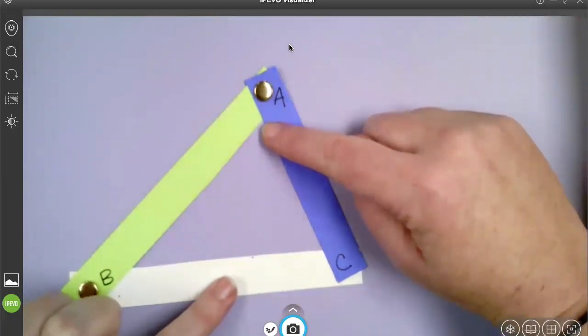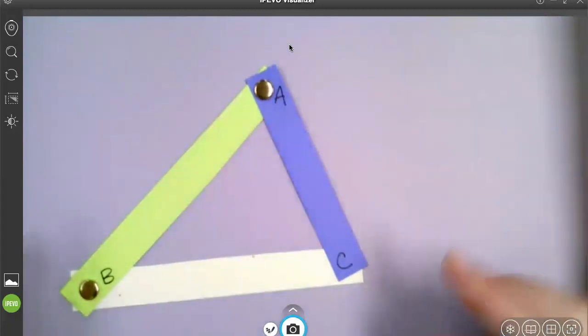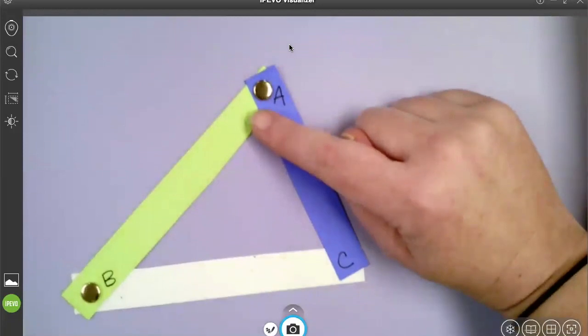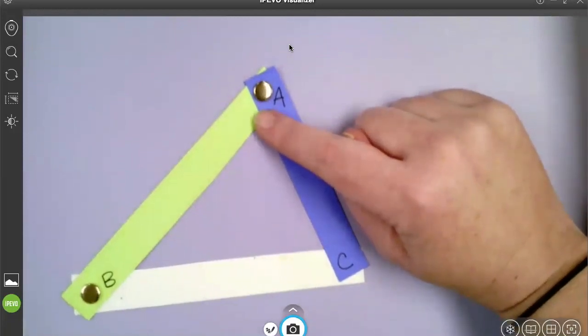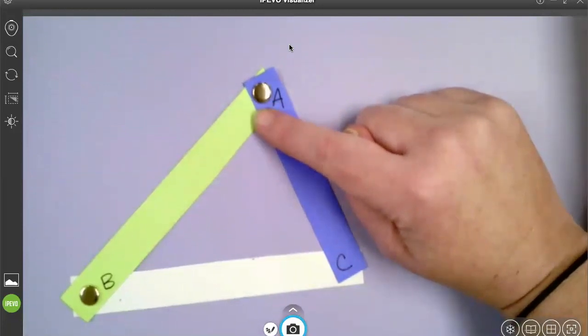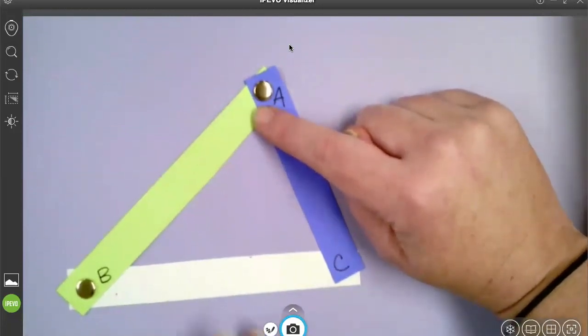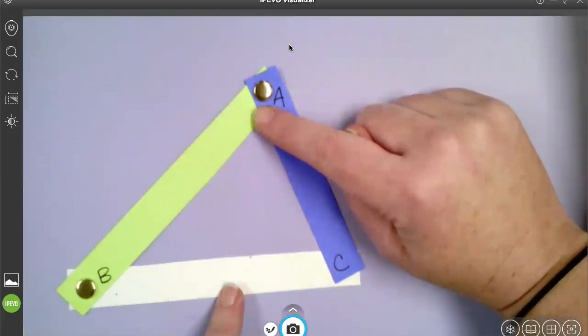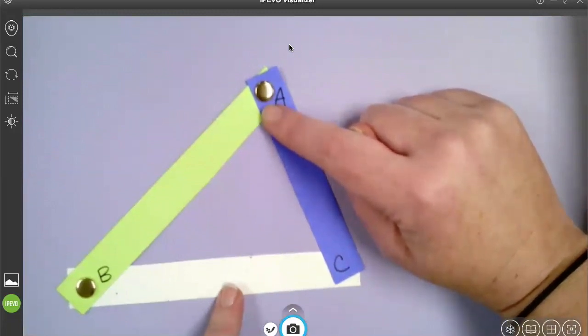Opposite angles and sides can be identified by looking at which sides make the angle. The green side and the blue side make up angle A, so the opposite side is the white side, the side that does not meet at A.